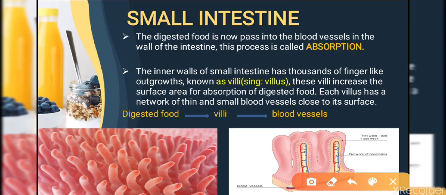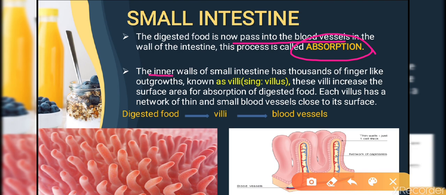After complete digestion of the food in the small intestine, the food now passes into the blood vessels, and this process is known as the absorption of the food. The process of absorption takes place in the inner walls of the small intestine.